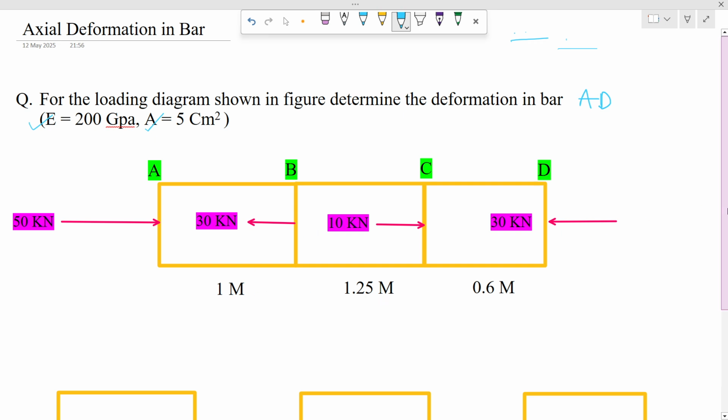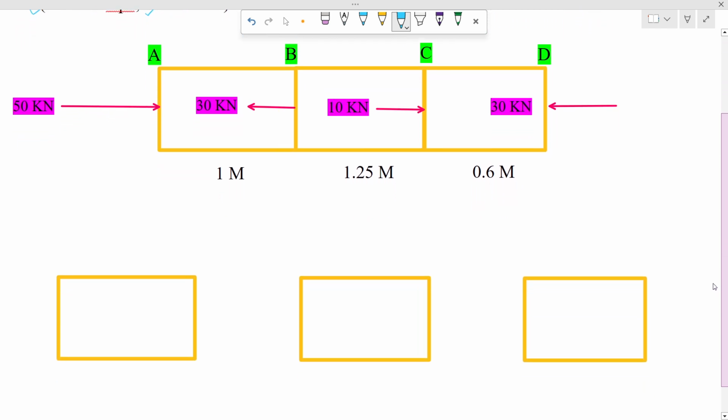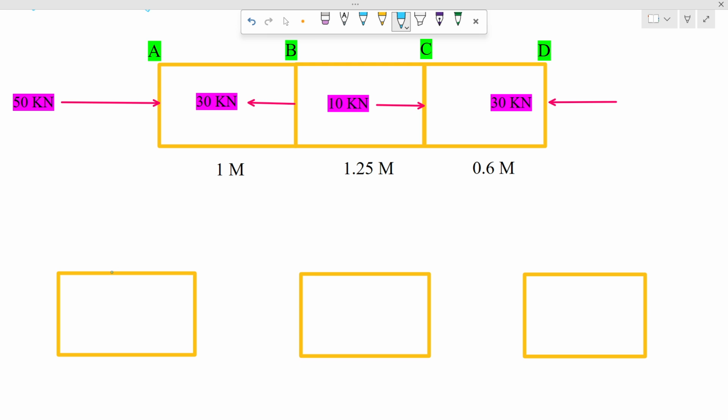So very first step is to draw the free body diagram accurately. So we have divided the bar into three sections. First one is the AB, second one is the BC, and the last one is the CD. Now the trick is, first part of the trick is you have to show the forces at the start and at the end as it is.